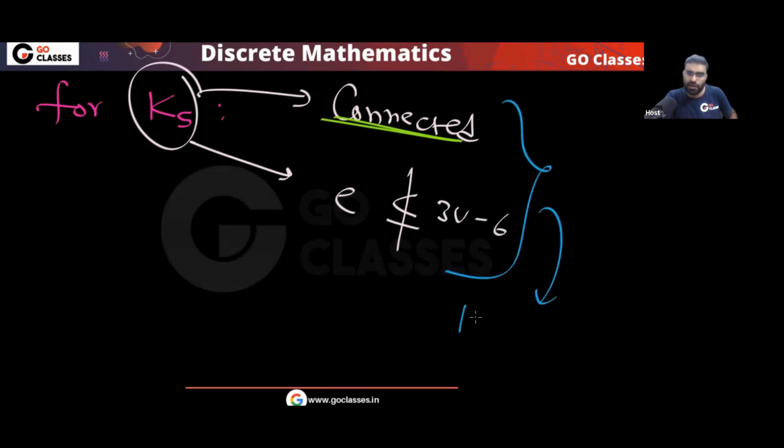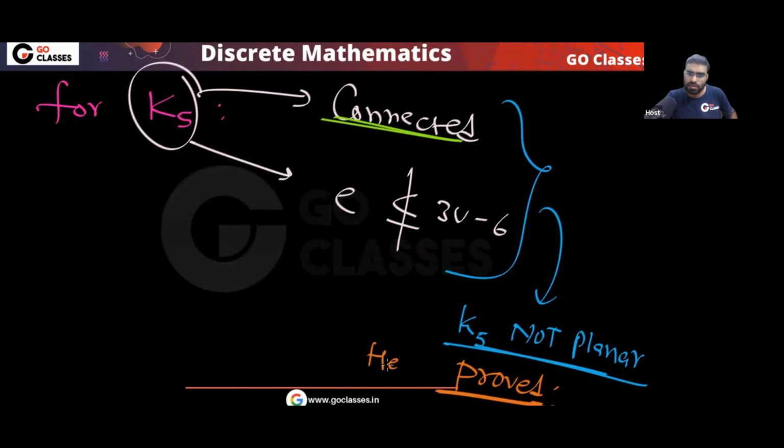I can say this K5 is not planar. This is your proof. Hence proved. Yes or no? I told you that we will see that K5 is not planar, and this is your proof. Is this clear? Let me know.